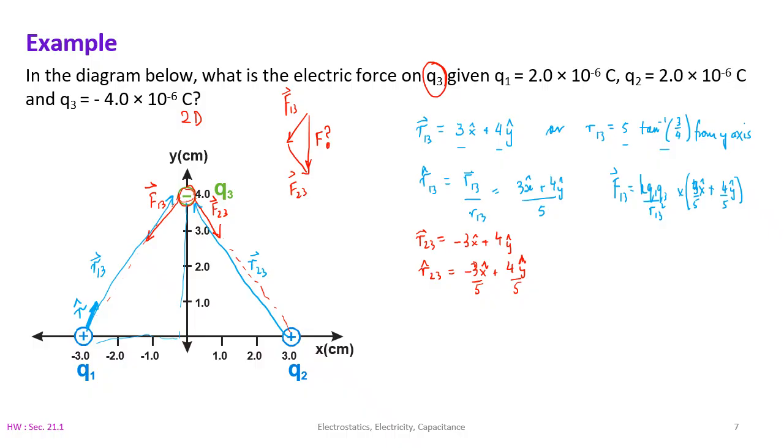And F23 is K Q2 Q3 all over R23 squared times minus 3x hat on 5 and 4y hat on 5.